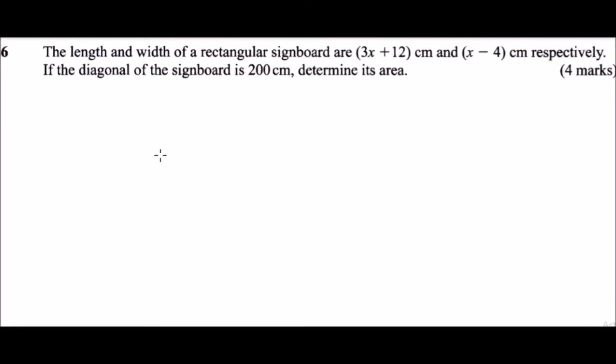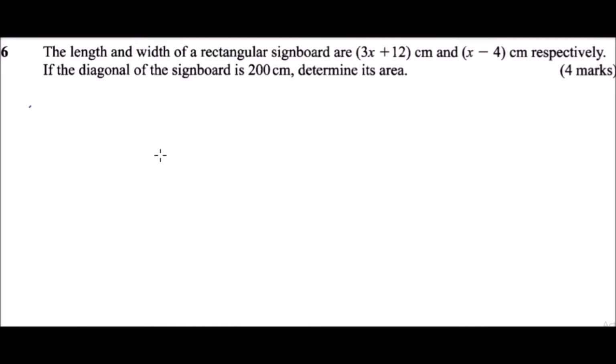We are told the length and width of a rectangular signboard are (3x + 12) centimeters and (x - 4) centimeters respectively. If the diagonal of the signboard is 200 centimeters, determine the area.